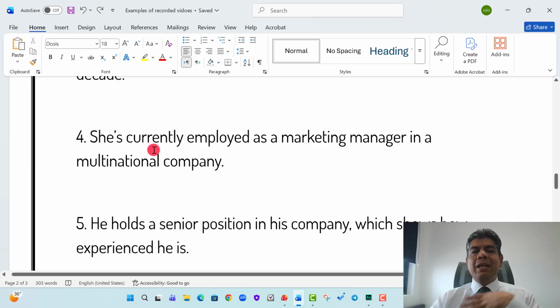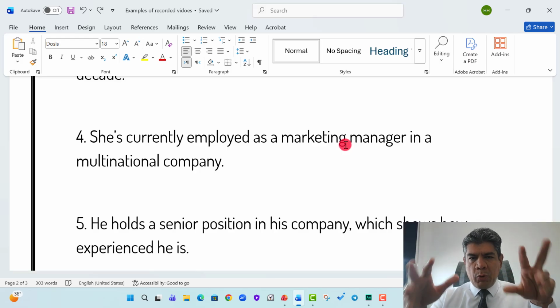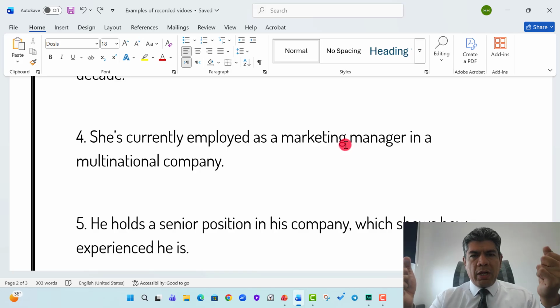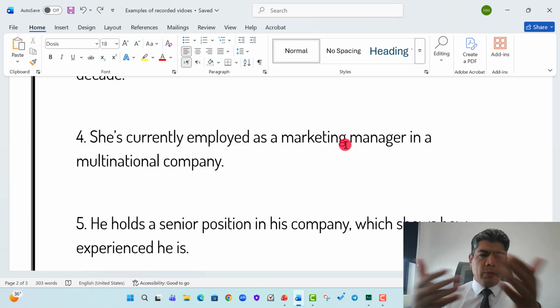I am currently employed by, for example, a real estate agency. As a marketing manager is also a job title. Remember that. I'm going to provide a file that contains a lot of collocations regarding careers, jobs and professions, and of course some other vocabulary items that you can use to talk about someone's relatives.